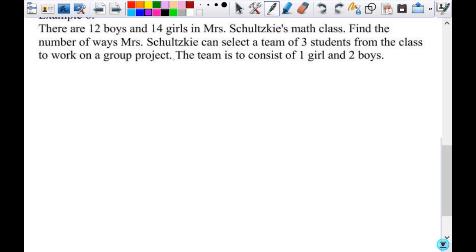So I've got girls, right, and boys that I have to choose from. And I know that I'm using a combination, so I'm going to write that over here. Combination of n things taken r at a time. That's n factorial over r factorial times n minus r factorial. So for the girls, it's a combination.